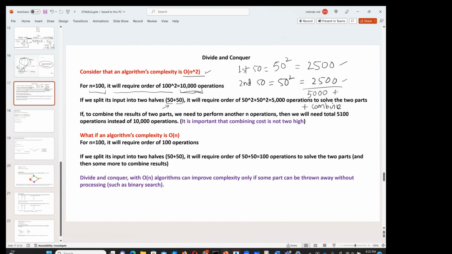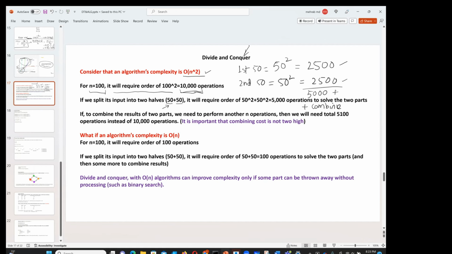This combine is the conquer part. So this combining will also take some number of operations, right? So do I know how many steps are required to combine the results? I don't know, right? It might be 100 operations, it might be 1,000 operations.